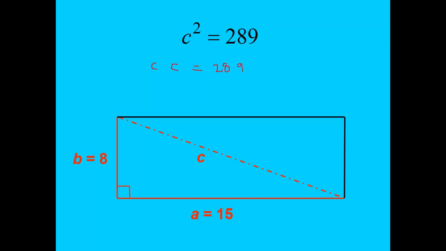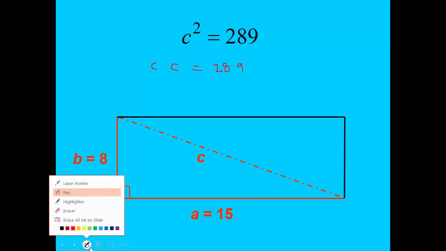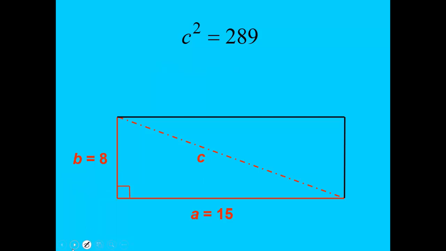So we want to find out what number times itself is equal to 289. To do so, as math students, we have a skill that is called taking the square root. If we were to take the square root in our calculator, which the square root symbol looks like this, square root of 289, we would determine that c is equal to 17.